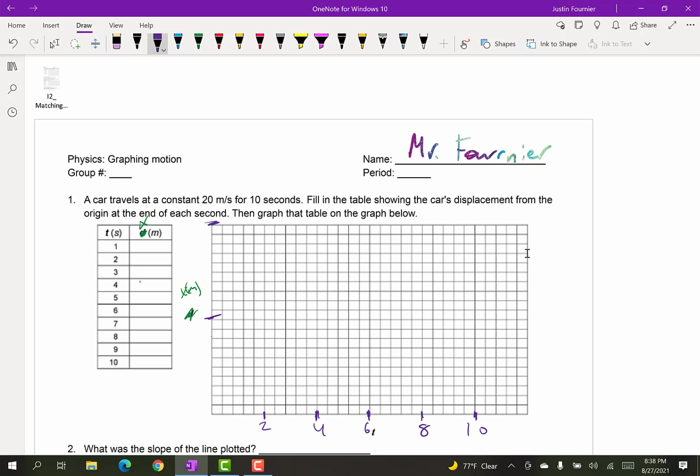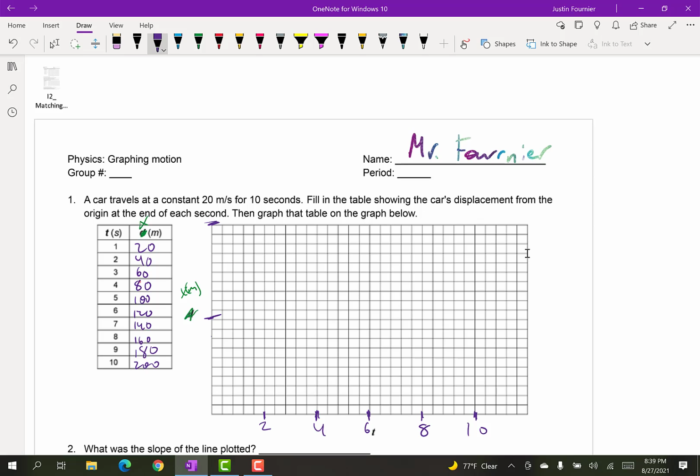So after 1 second, it's moved 20 meters, after 2 seconds, 40 meters, after 3 seconds, 60 meters. After 4 seconds, 80, 100, 120, 140, 160, 180, and then 200.